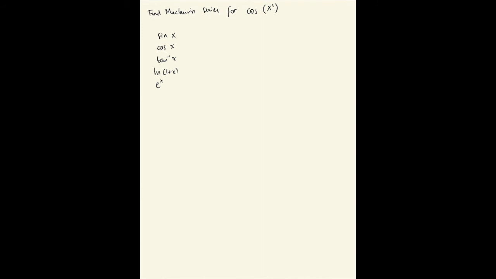For example, because sine and cosine are related, cosine is the derivative of sine, so you can find the sum series for sine, and you just need to differentiate that sum and you get the cosine. If you know the formula for cos x, to find cos x squared you just need to change the x into x squared.